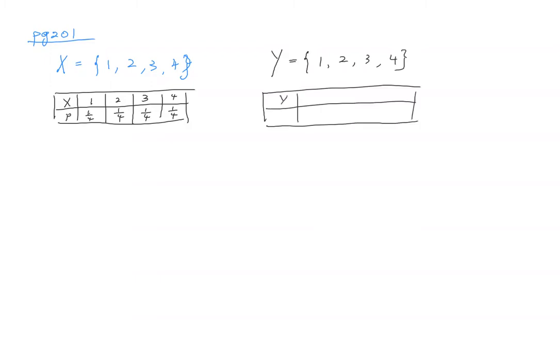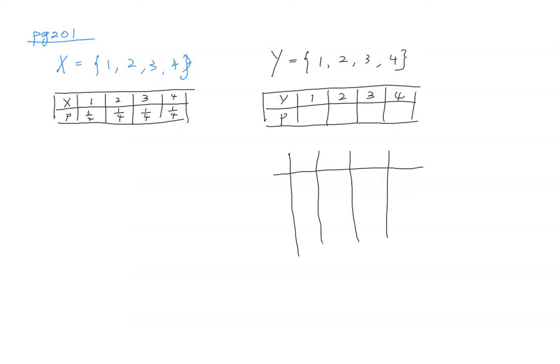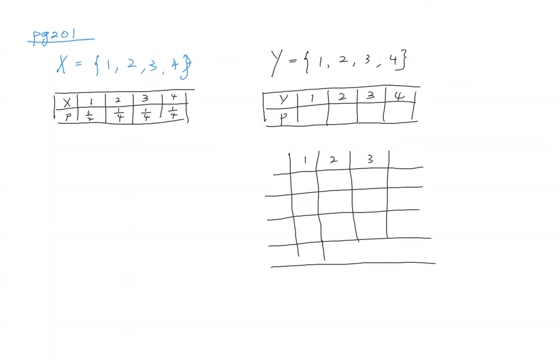Why? This is the probability for 1, 2, 3, 4. Now I'm going to use this because it's 2 of them. So I have 1, 2, 3, 4.